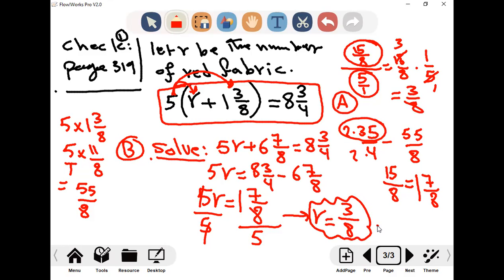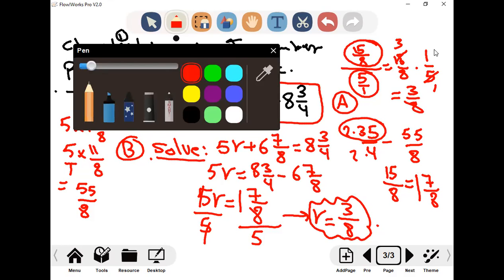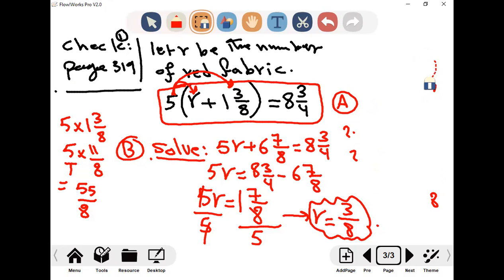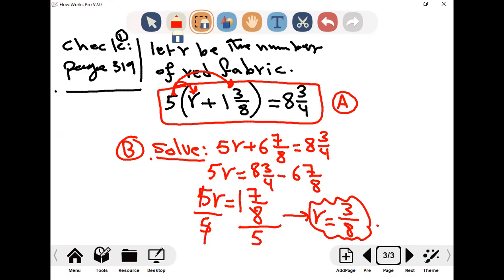Now let's understand the question again after we solve it. I don't need all of these calculations, right? Now, let's understand the question again. 5 costumes, right?